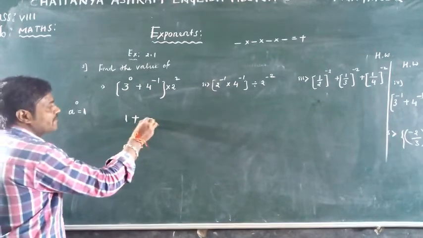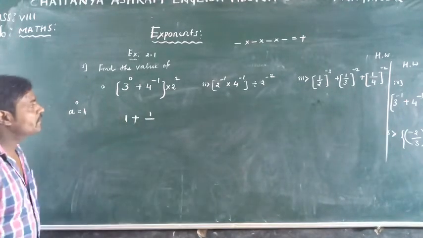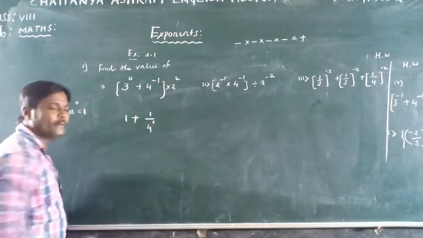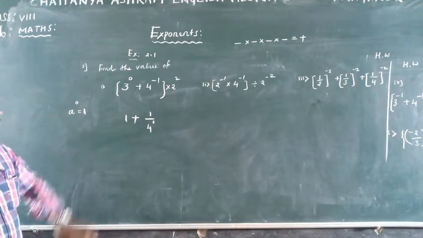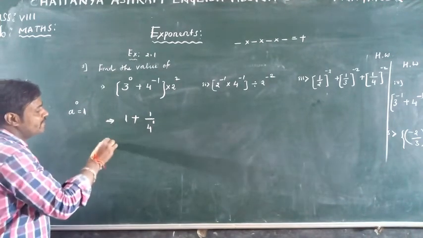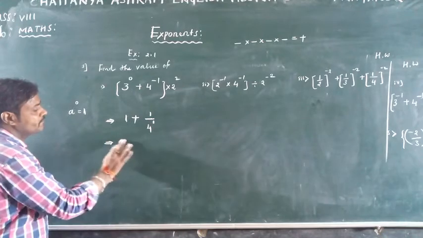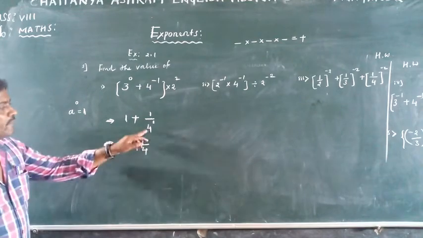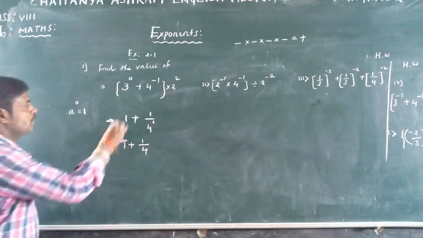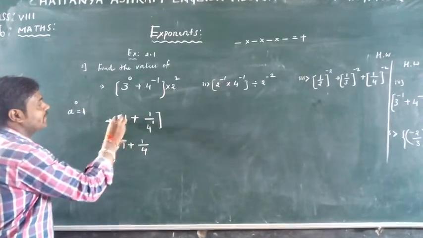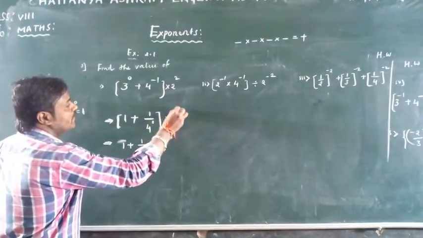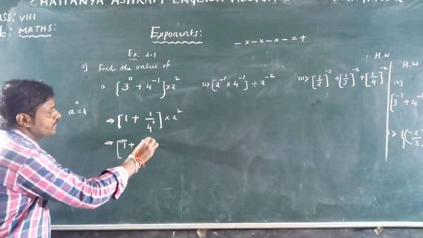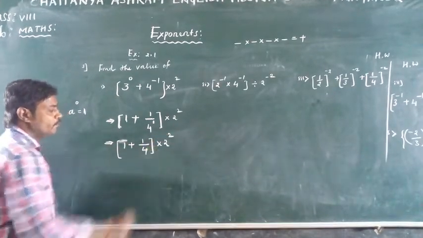That is, make a fraction, write 1 in the numerator, in the denominator write the whole exponent with positive power. Then this implies 1 plus 1 by 4. 4 raised to the power 1 is 4. So put the bracket and here it is 2 to the power 2. Then here also it is into 2 to the power 2.